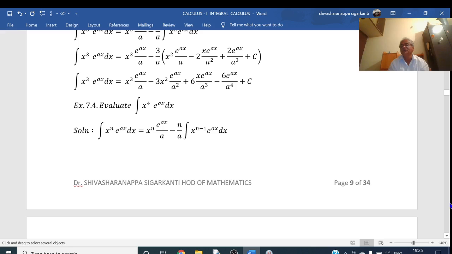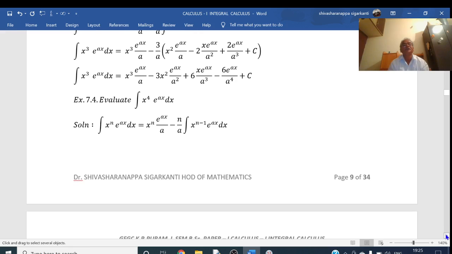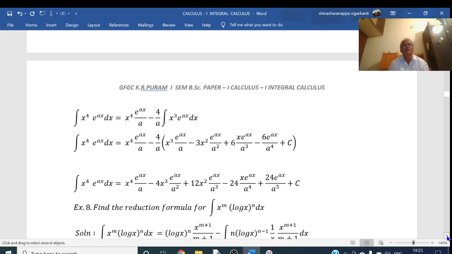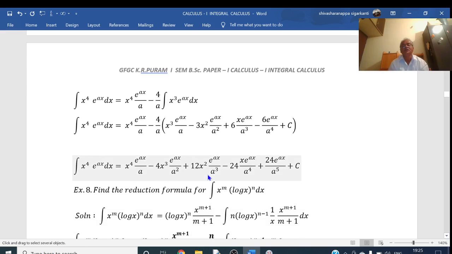So substituting here, replacing this. Okay, so this is the integration of x cube into e raised to ax, and multiplying by this, taking this 4 by a inside, I am getting the integration of x to the power of 4 e raised to ax dx is equal to, so this is the integration.